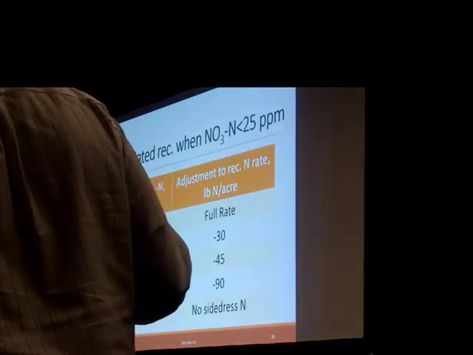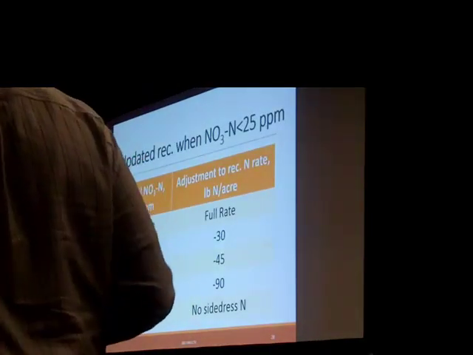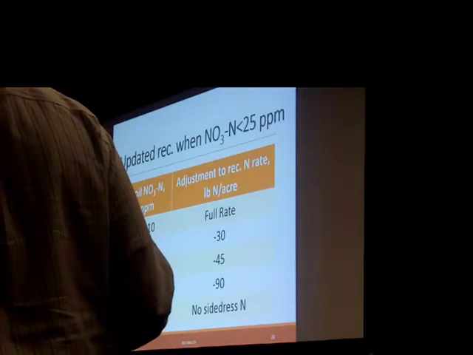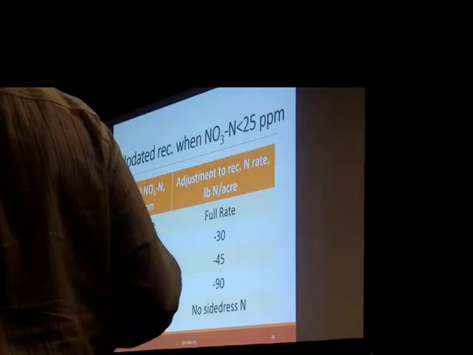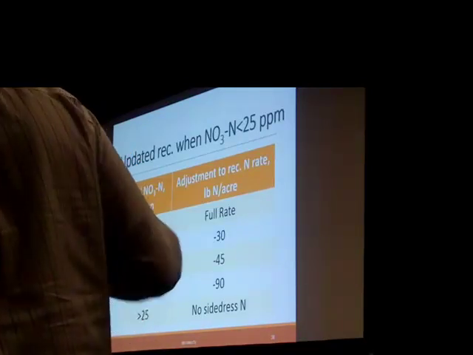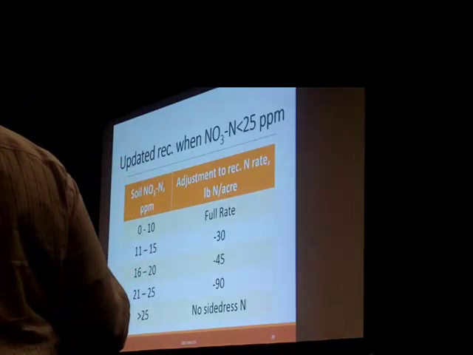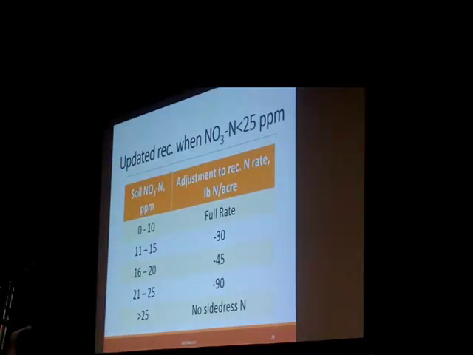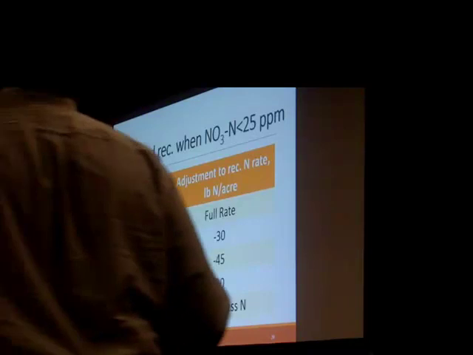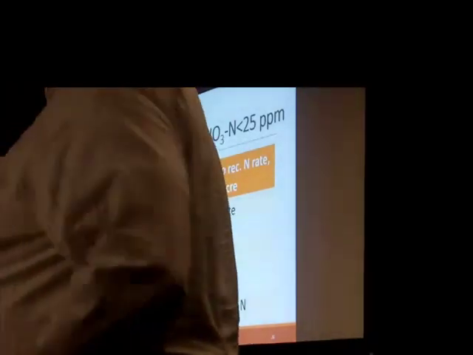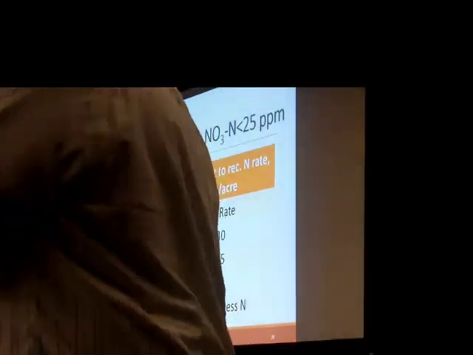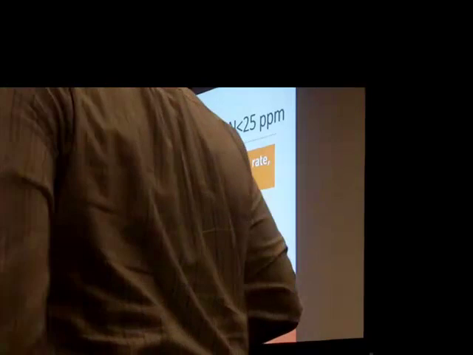Between 11 and 15, reduction of 30 pounds per acre; 16 to 20, reduction of 45; 21 to 25 parts per million, recommendation of 90 less than 220, so 130; and then above 25, no side dress N. So if you use the old PSNT recommendations, they're the same in Ohio, and you want to take out the yield potential component, these are the adjustments that would be made.